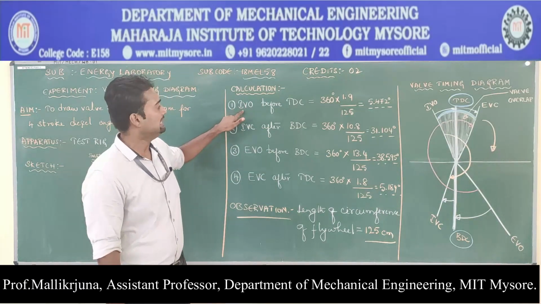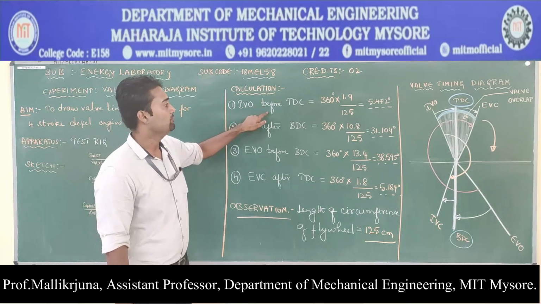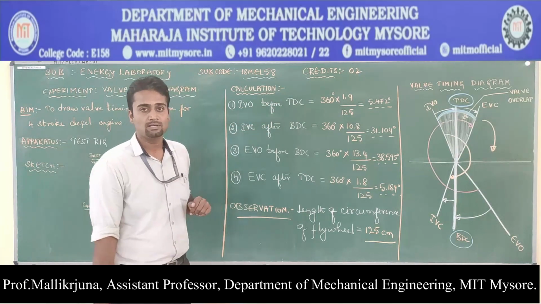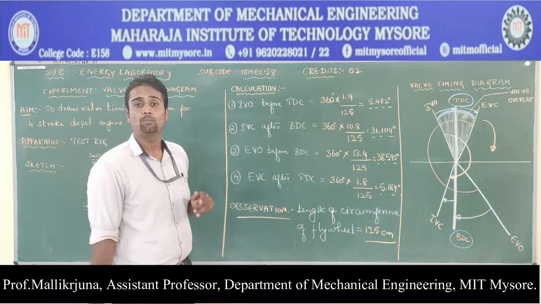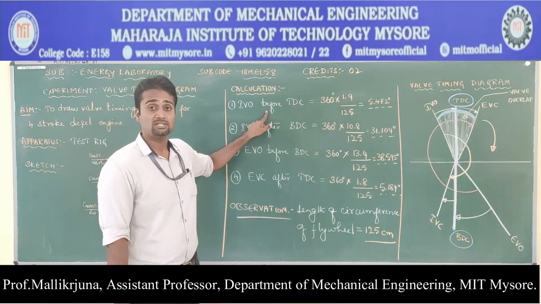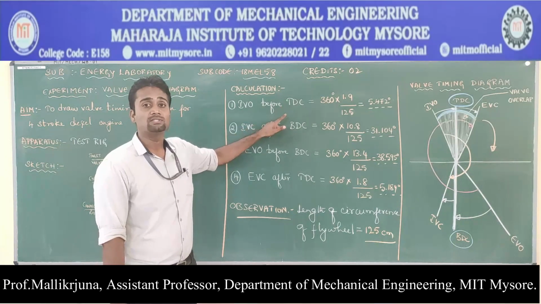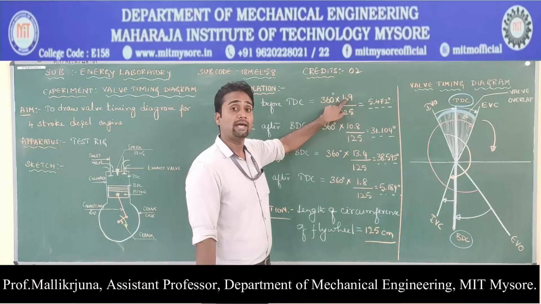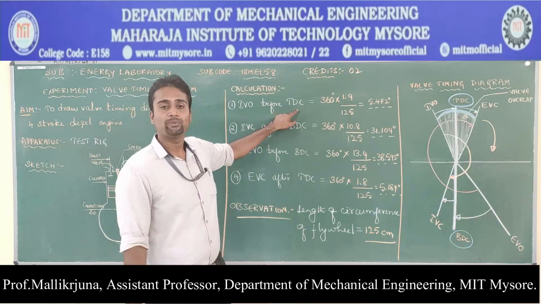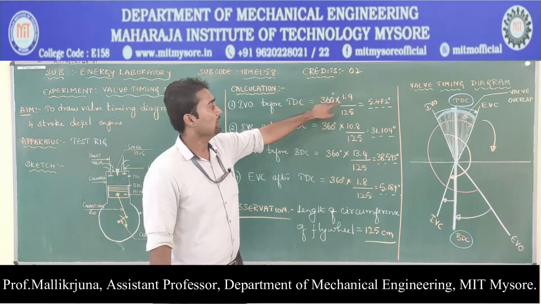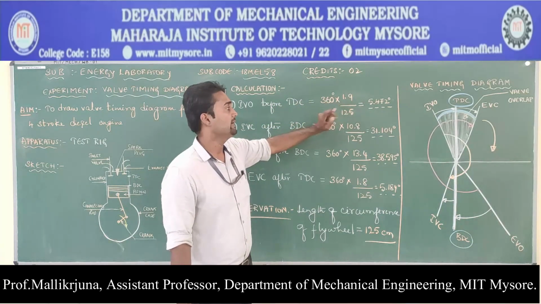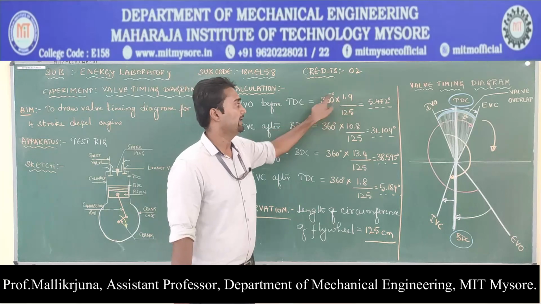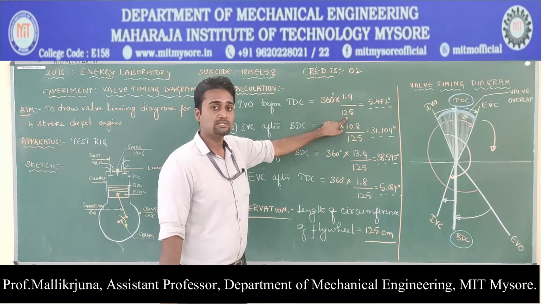The very first thing is the inlet valve opening before TDC. That means the inlet valve is not exactly getting opened at the TDC, but before the piston reaches the TDC, the inlet valve is getting opened. That reading we have taken as 1.9 centimeters before TDC. This 1.9 centimeter has been converted into degrees by this arrangement. 125, what is this 125?